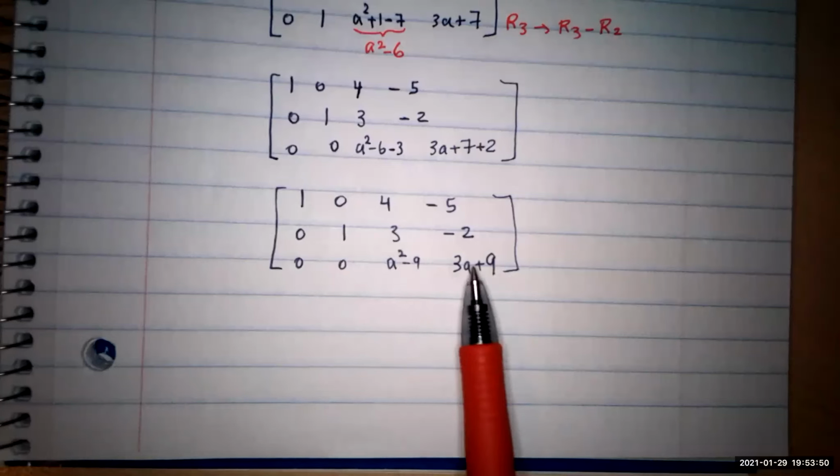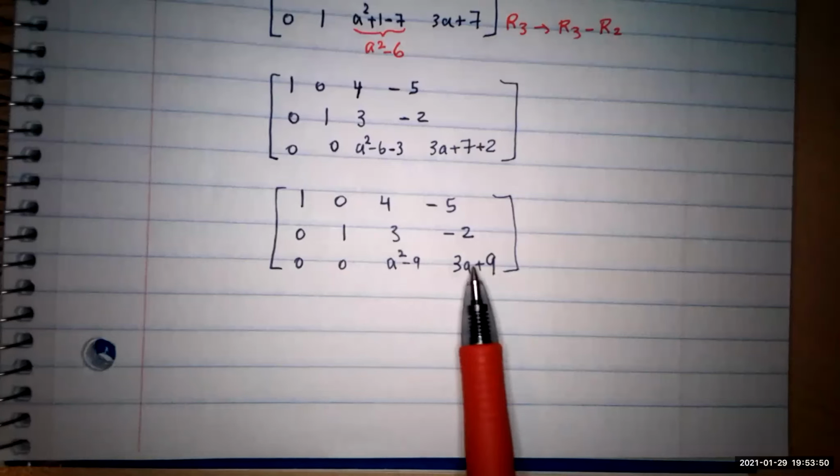The first one is you claim that if a is equal to negative 3, then a squared minus 9 would be equal to 0, since 3 squared minus 9 is 0, and 3a plus 9 is also equal to 0.